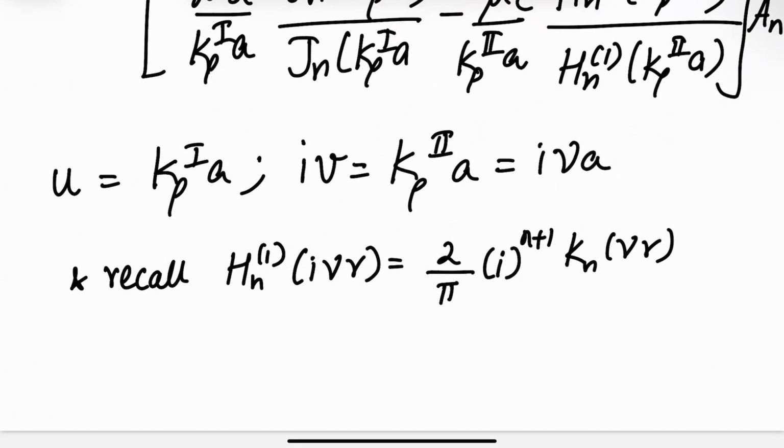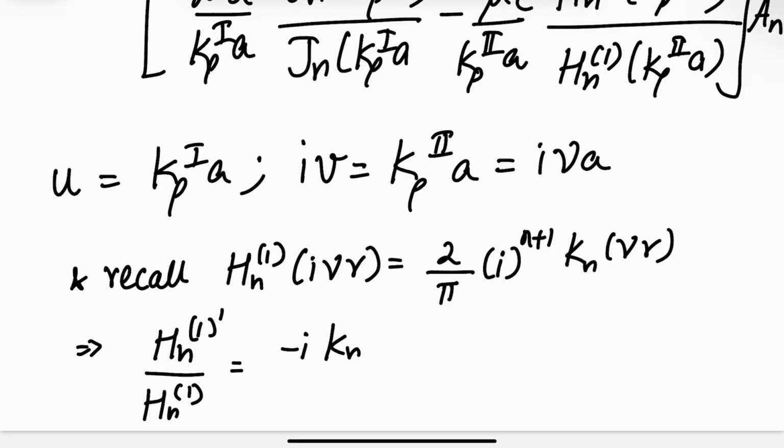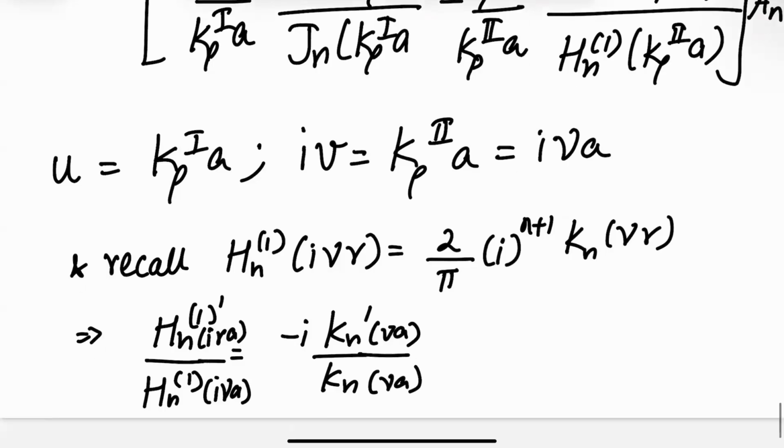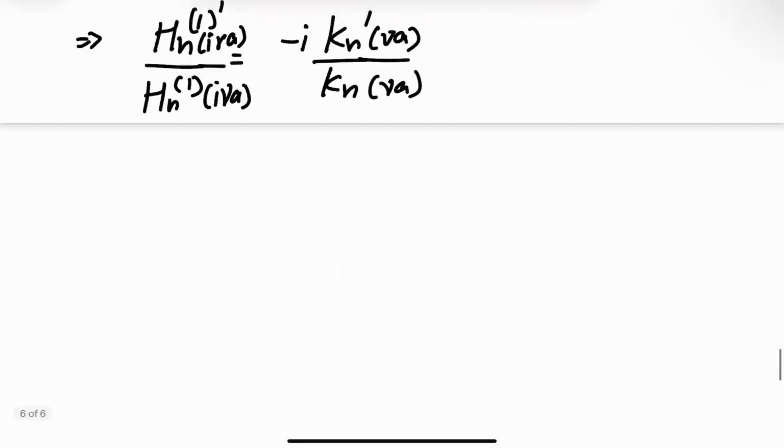You can also show that Hn1 prime over Hn1 is equal to minus i Kn prime over Kn. So this is i nu a, and this is nu a. Okay. So with these relations, we can simplify that equation quite a bit.